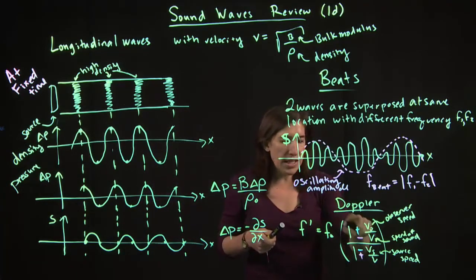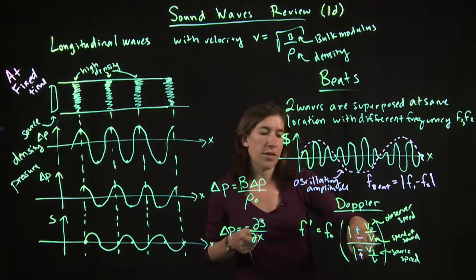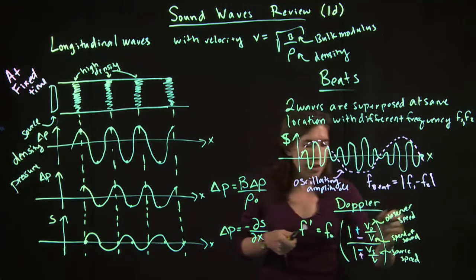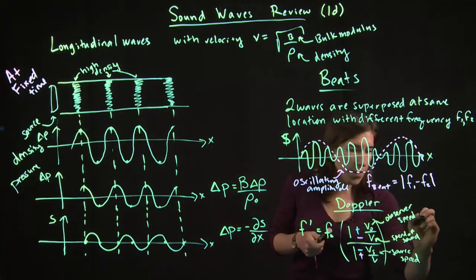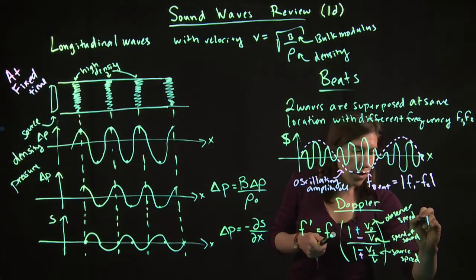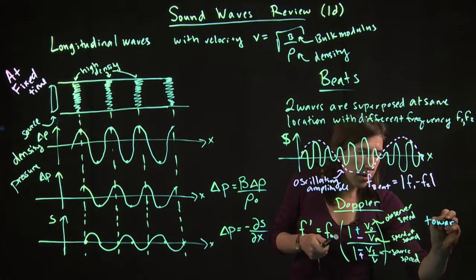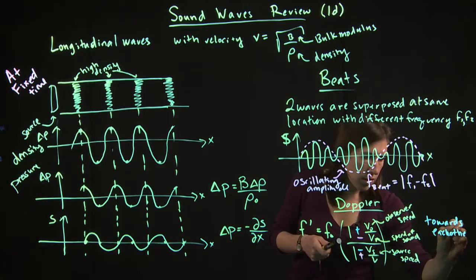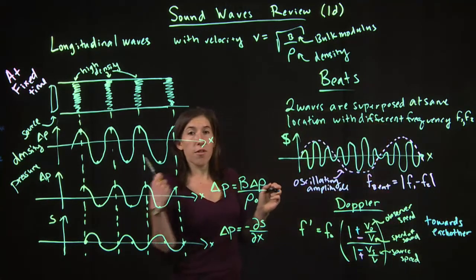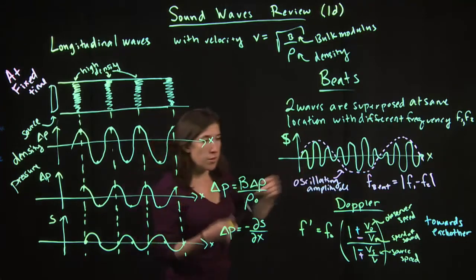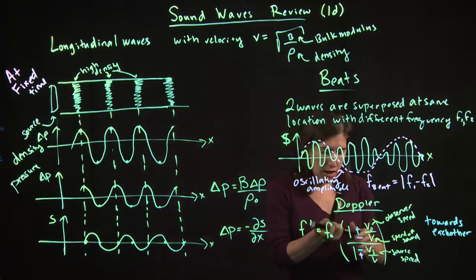And so in those different circumstances, you have to use the plus or the minus sign. The ones that I wrote in blue here are for towards each other, so either the observer moving towards the source or the source moving towards the observer.